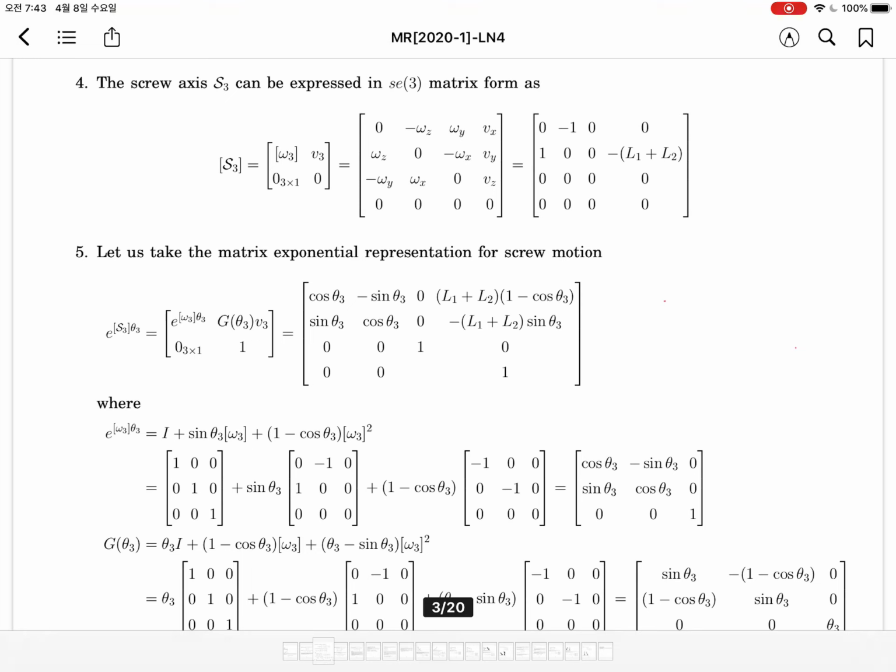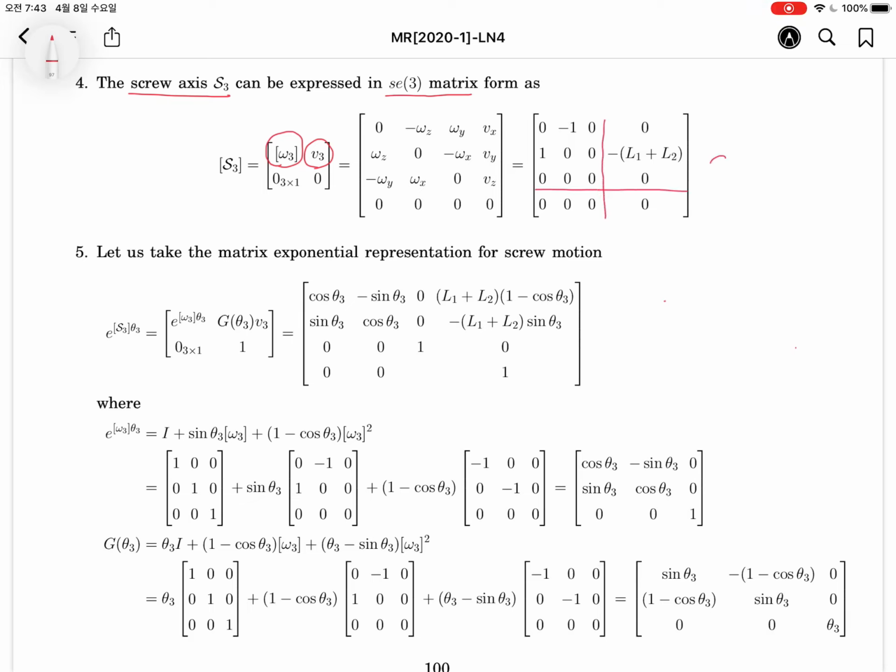It can be applied to joint angle 2 and joint angle 1. Okay, the screw axis S3 can be taken as an se(3) matrix form. Okay, the skew-symmetric matrix form of omega 3 and the linear velocity vector v3.